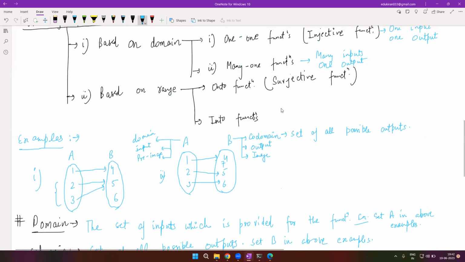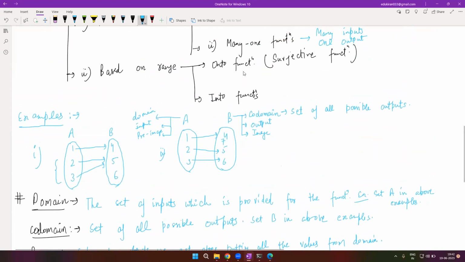So, onto function says when your range and your codomain are equal, and into function says that range is a proper subset, or we can write it like this.